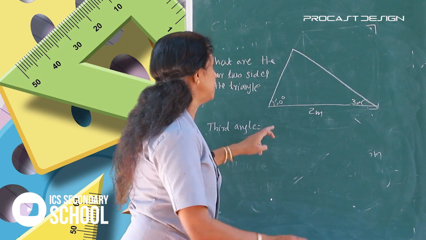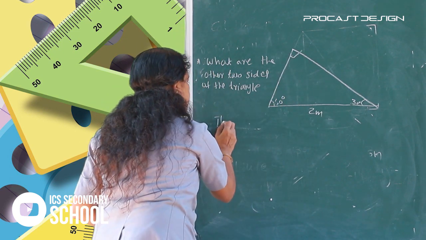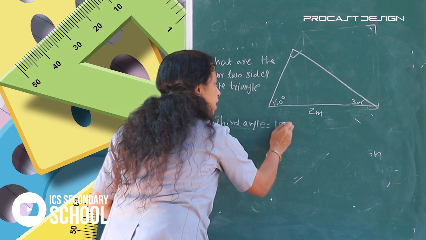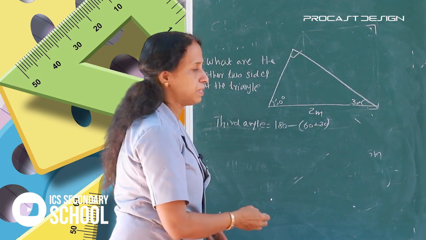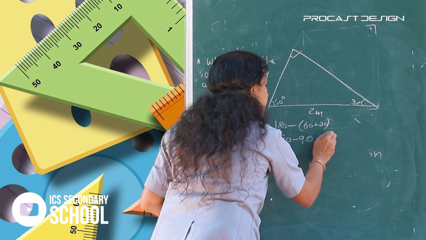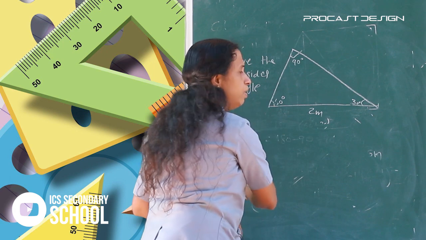The third angle is equal to 180 minus (60 plus 30), which is 180 minus 90, equal to 90 degree. Here the third angle is equal to 90 degree.